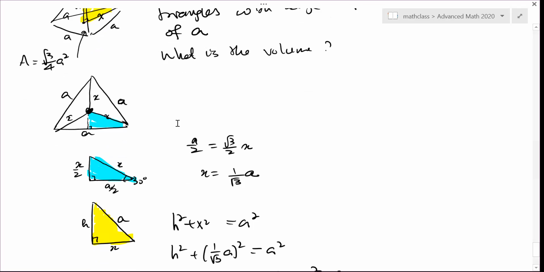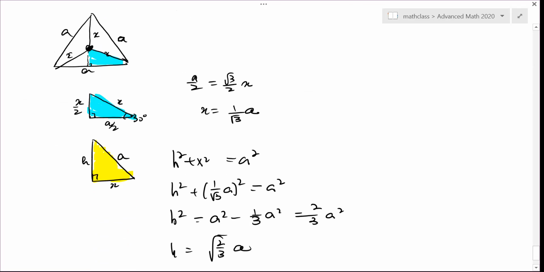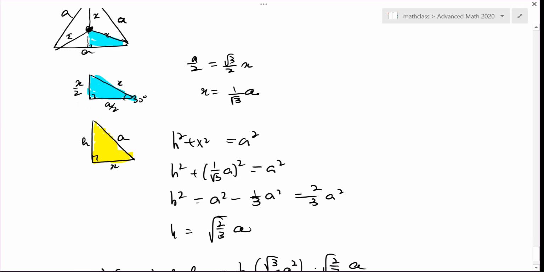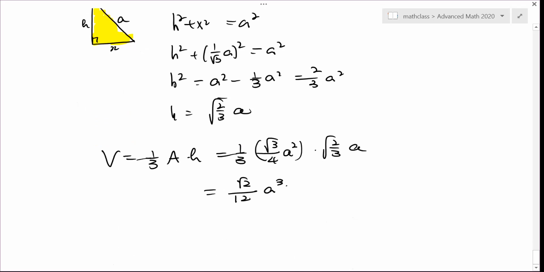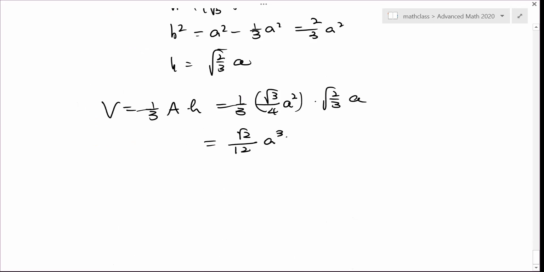It's important to draw additional lines to get the right triangle. Then you solve the problem. So we did several problems like that.